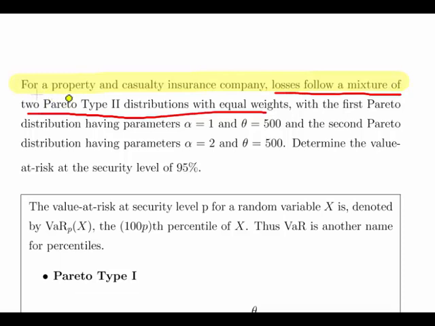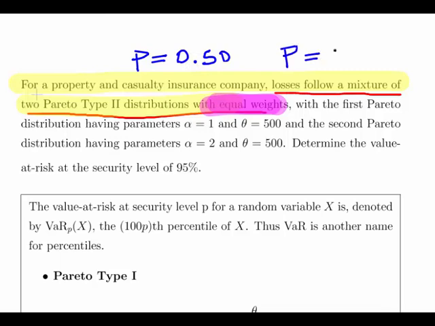For a property and casualty insurance company, losses follow a mixture of two Pareto type 2 distributions with equal weights. That's important, the equal weights, okay? So 50% are from the first one and 50% are from the second one. I'll call them A and B, just to not be talking about first and second.